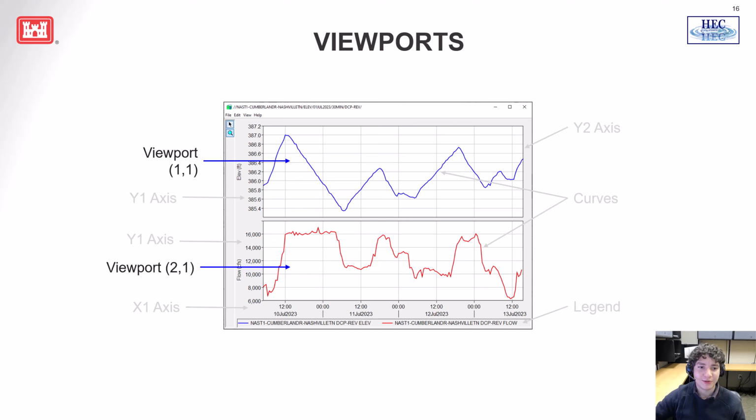However, we can see that the viewport underneath it is labeled viewport 2-1, meaning that it's within the second row in the first column. So this gives you a hint that we can have many, many different viewports all within one plotting view, as long as it's within the 2D rows and columns that we predefined.